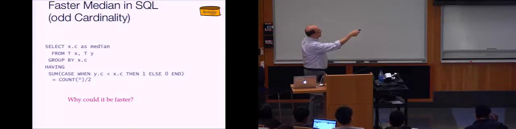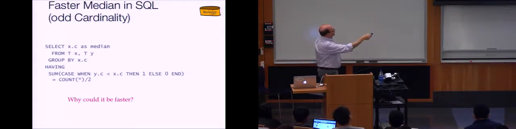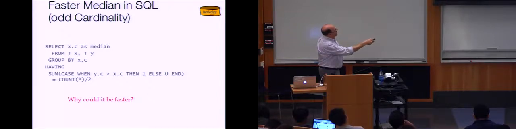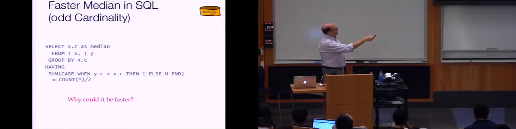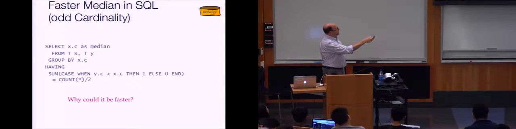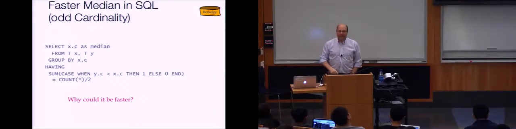So you take one of them, you group by it, and then for each group, you want the one where the count of the number of things that are bigger than this value of C is equal to half the number of records in T. Okay?